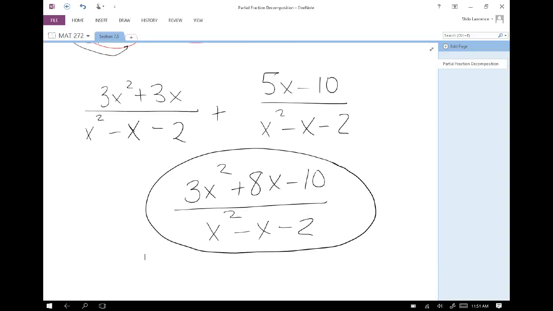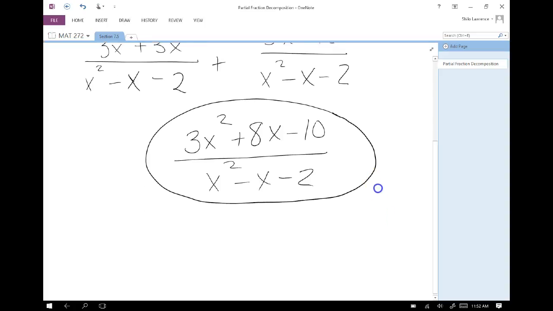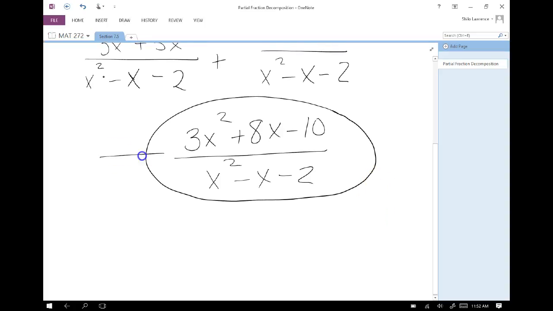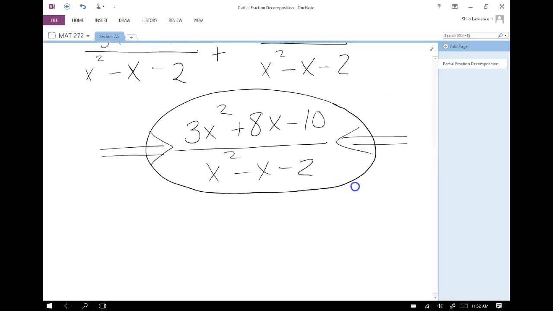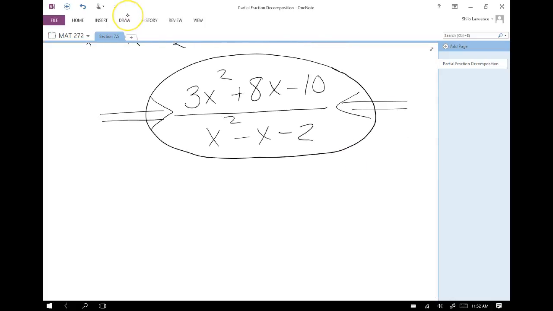When we do partial fraction decomposition, we're going to reverse this process. We're going to start with some pretty complex rational expression that looks like this, and our goal is to separate it into much simpler fractions that look like the originals that we started with. Because here in chapter 7, we're trying to integrate.